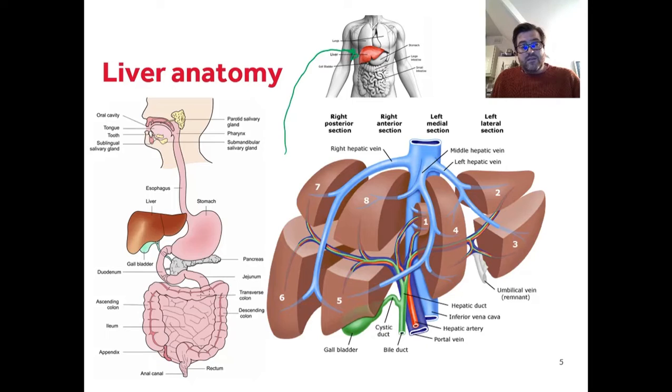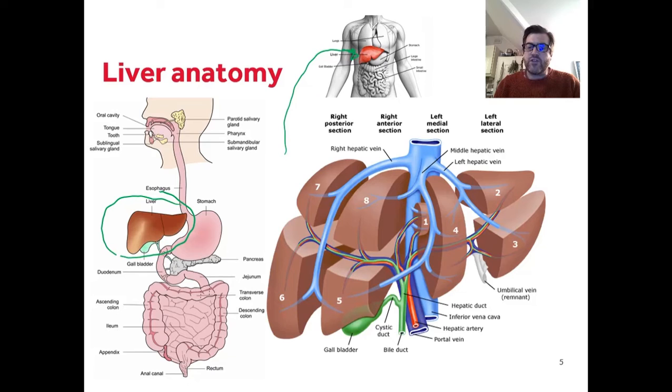And there's just a little bit more detail. You can see that the liver is accompanied by the gallbladder next to it, and that's important too. You sometimes see it as part of and closely related to the gastrointestinal tract, both in terms of its blood supply, but also because it releases things into the gastrointestinal tract as well. We'll come back to that later.